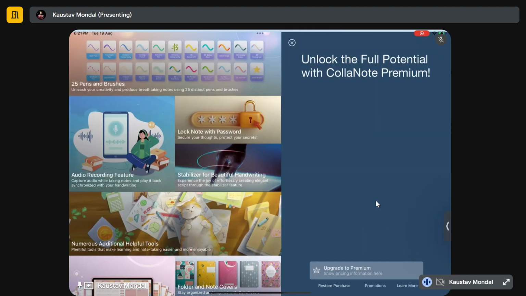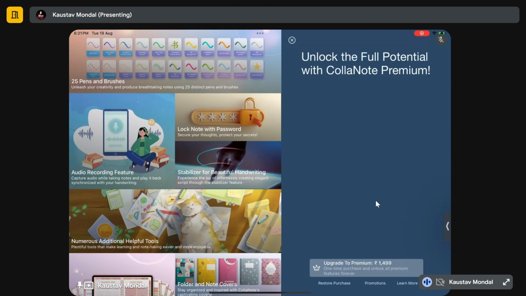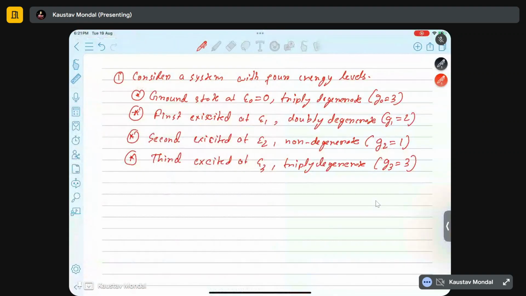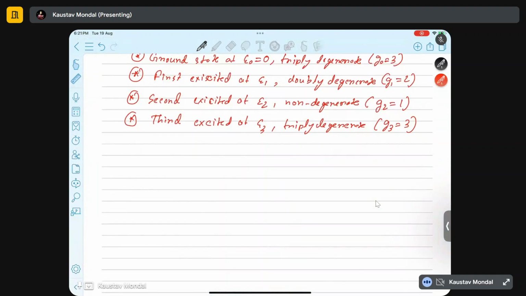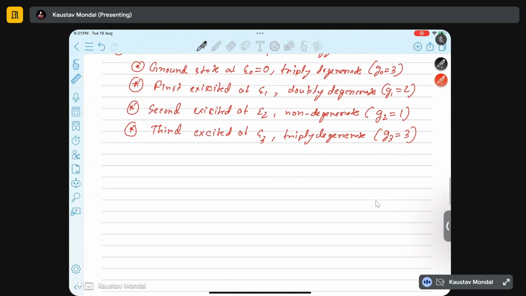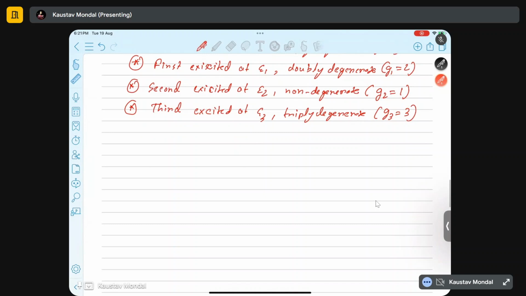Now, the rule of thumb is that first we have to calculate the single particle partition function, because the problem is for N non-interacting identical particles.